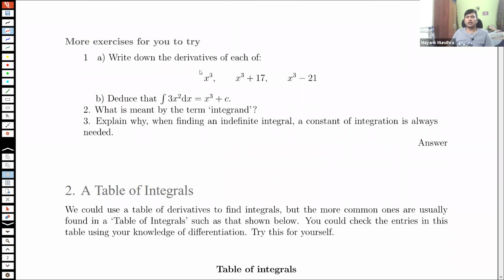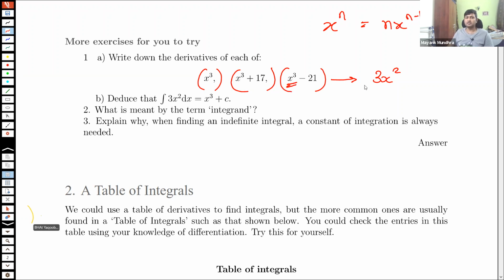So let's look at derivatives. Take x cube, x cube plus 6, x cube plus 16, x cube minus 21. All these differentiations are going to be 3x squared, because we know that the differentiation of x to the power n is n times x to the power n minus 1.